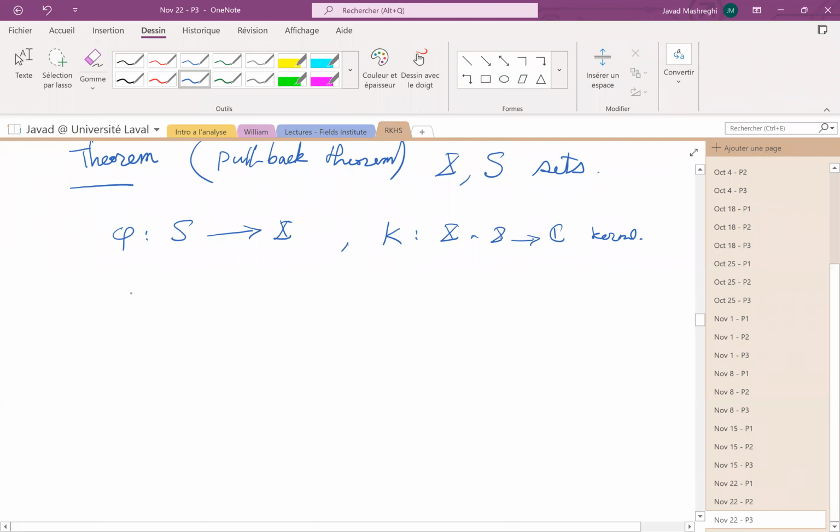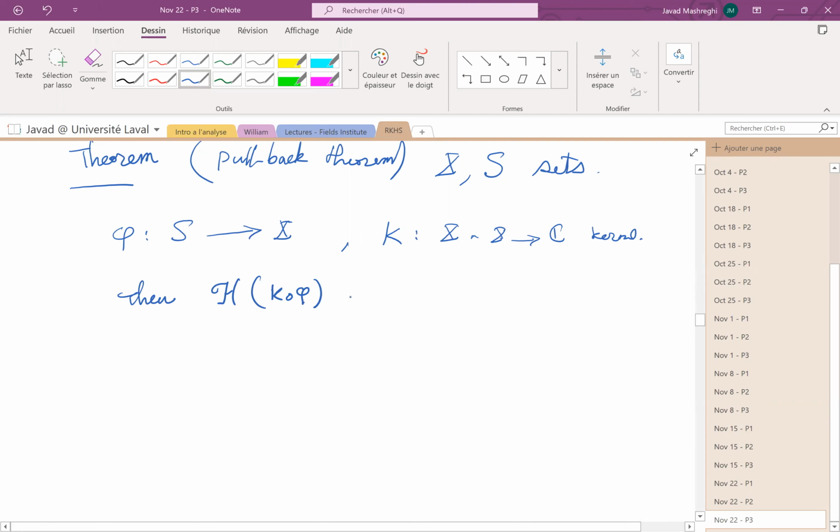Then we saw above that we can talk about K composed with phi, so we can talk about H of K composed with phi, more theorem.